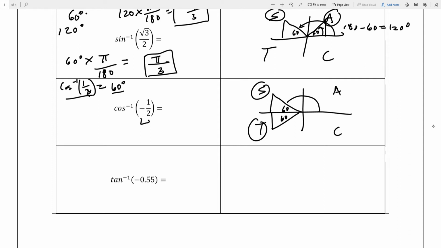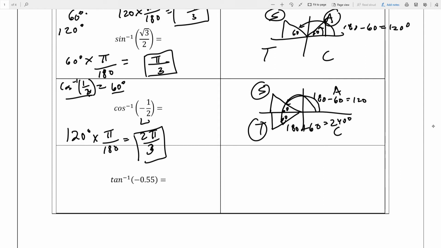So the angle should be 180 minus 60, which is 120. And the angle here should be 180 plus 60, which is 240 degrees. So we have 120 and 240. So for 120 degrees, we need to convert it to radians. You multiply by the conversion factor, pi over 180, and then we get 2 pi over 3.